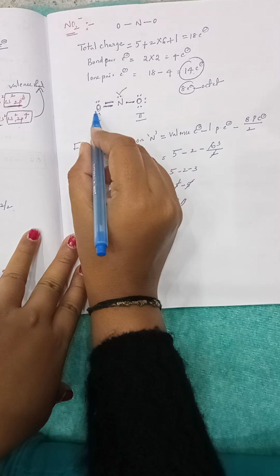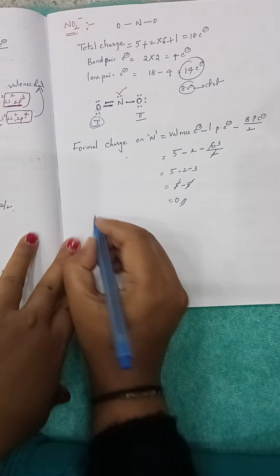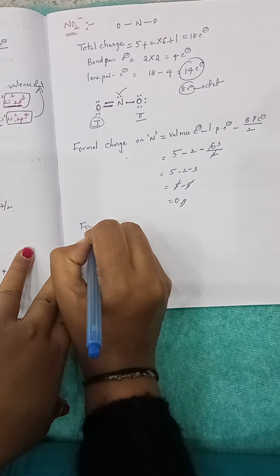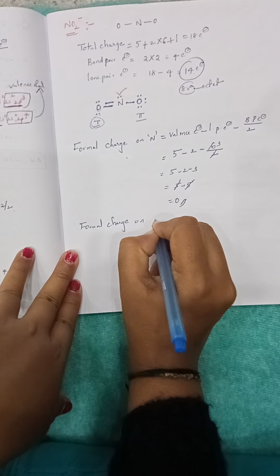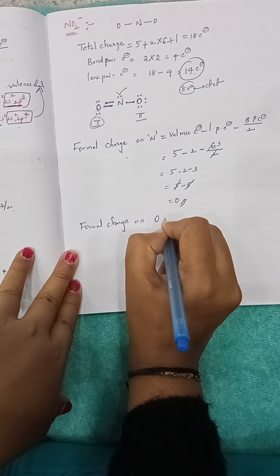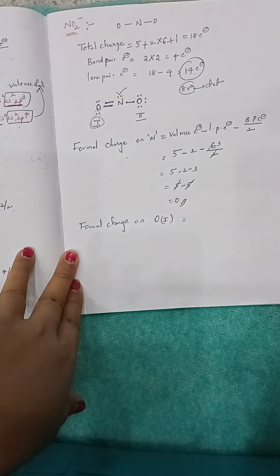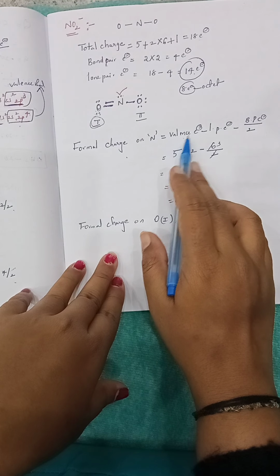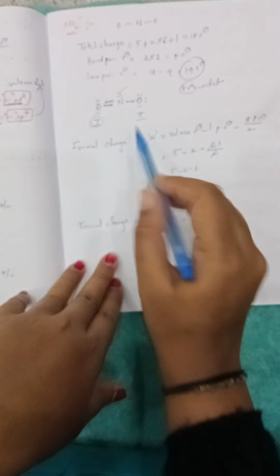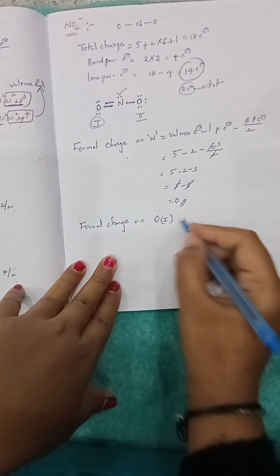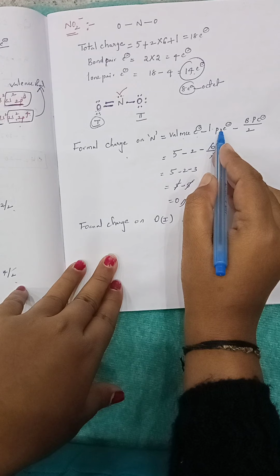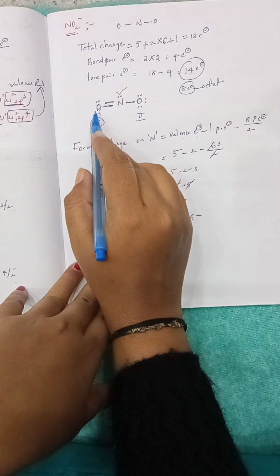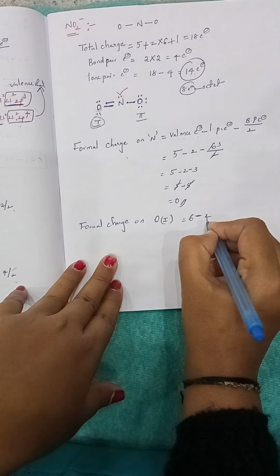Now we will see the formal charge on the first oxygen. Same formula: valence electrons in oxygen are 4 plus 2, that is 6, minus lone pair electrons. How many are there? 1, 2, 3, 4. 4 electrons.